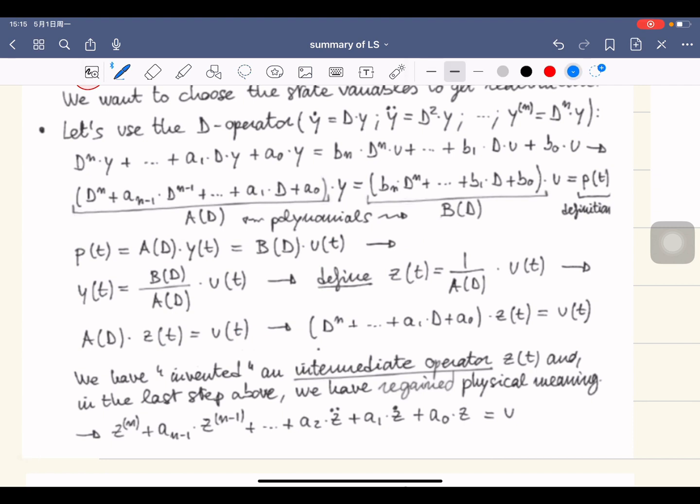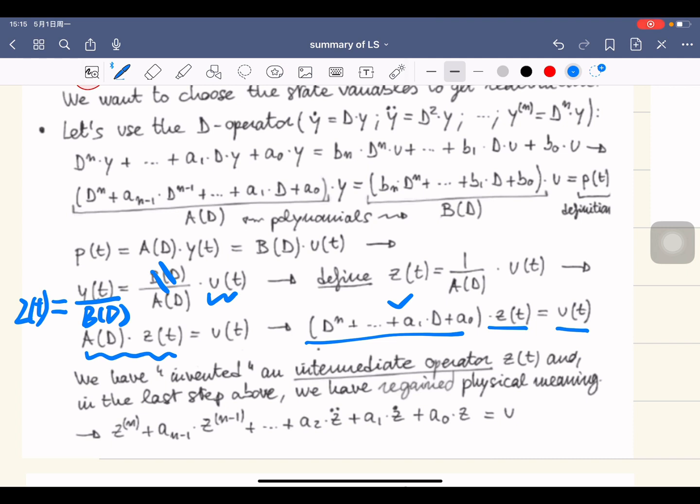Sorry, cut what I said before. Actually, it defines y(t) over B(D). This one is z(t). So u(t) will equal A(D) times z(t). And A(D) you know, right? z(t), u(t). You have invented an intermediate operation z(t). And in the last step, we have regained physical meaning.